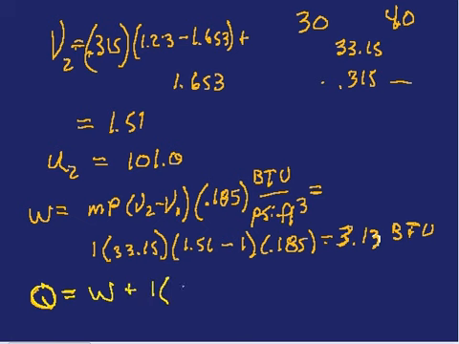Substitute in for the work was 3.13. And we come up with our total Q is 29.81.9 BTUs. That covers quiz number 4.